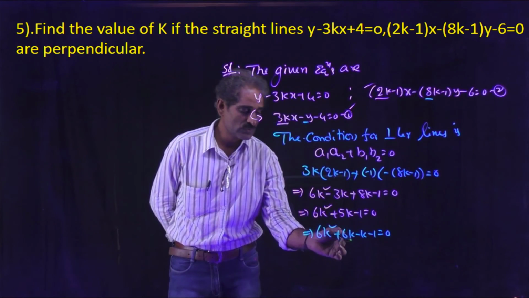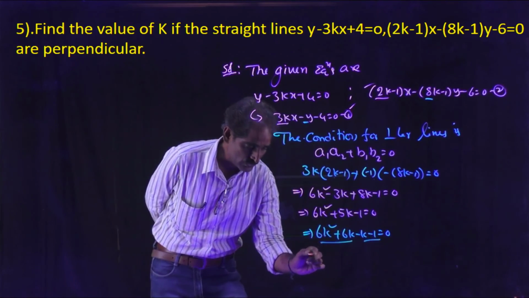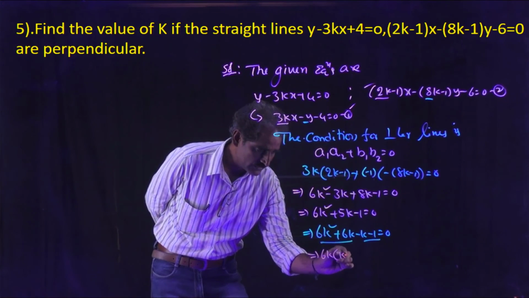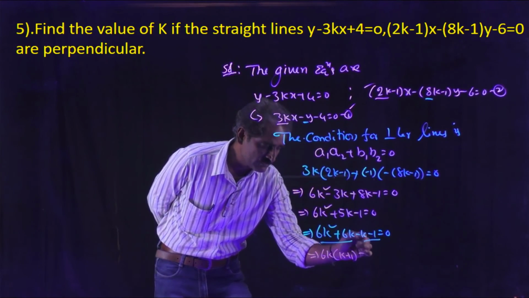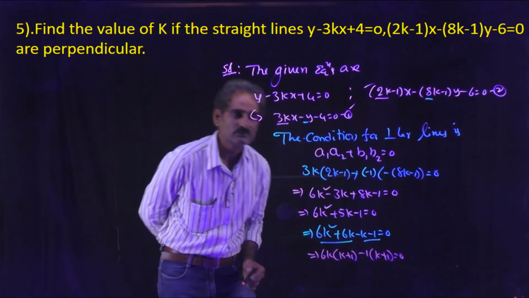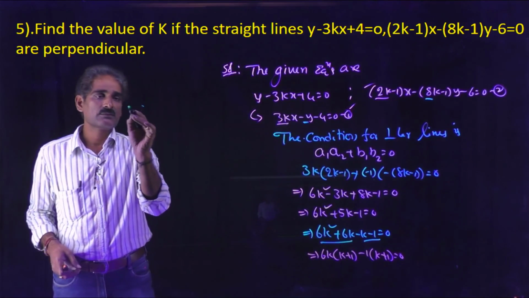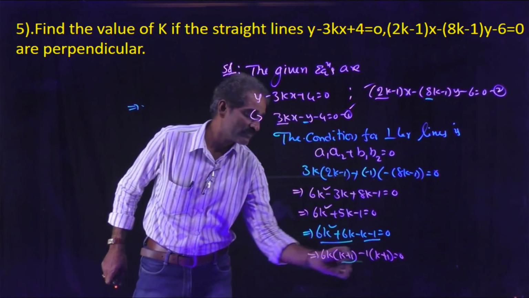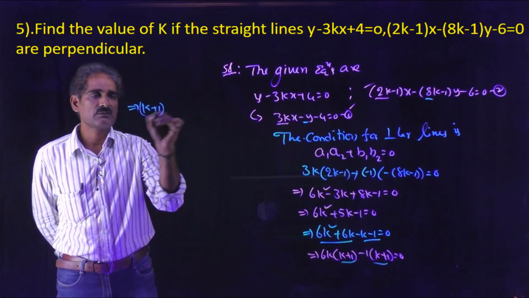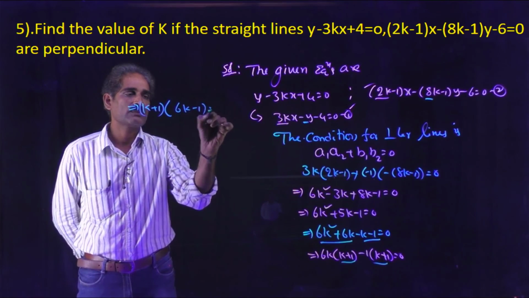Now take common from the first two terms. There is 6k common, then we get k plus 1, and from the other two take minus 1, again we get k plus 1. Now take k plus 1 common from these two terms: k plus 1 into 6k minus 1 equal to 0.